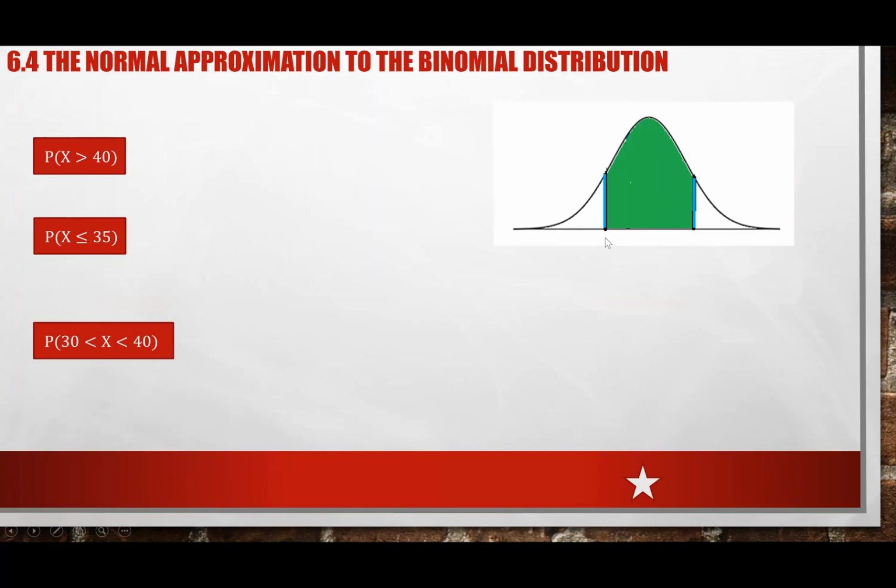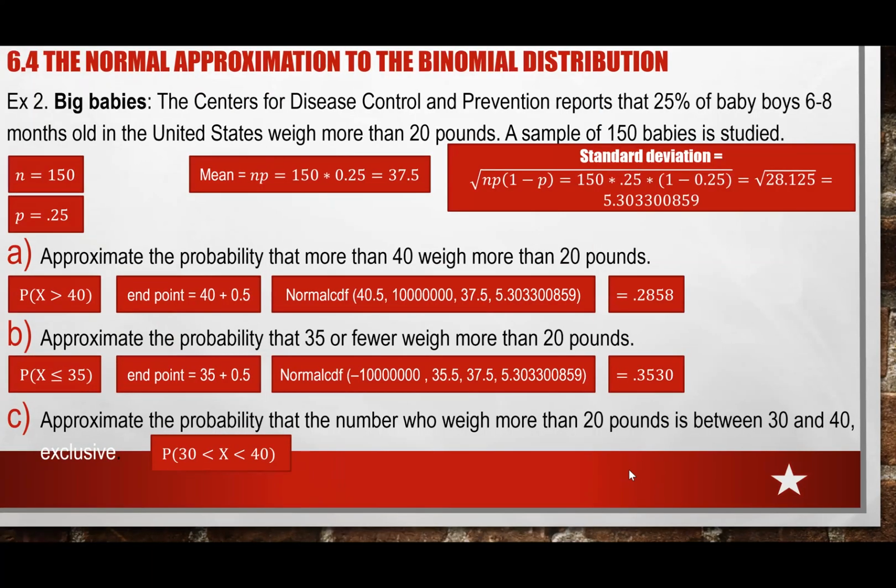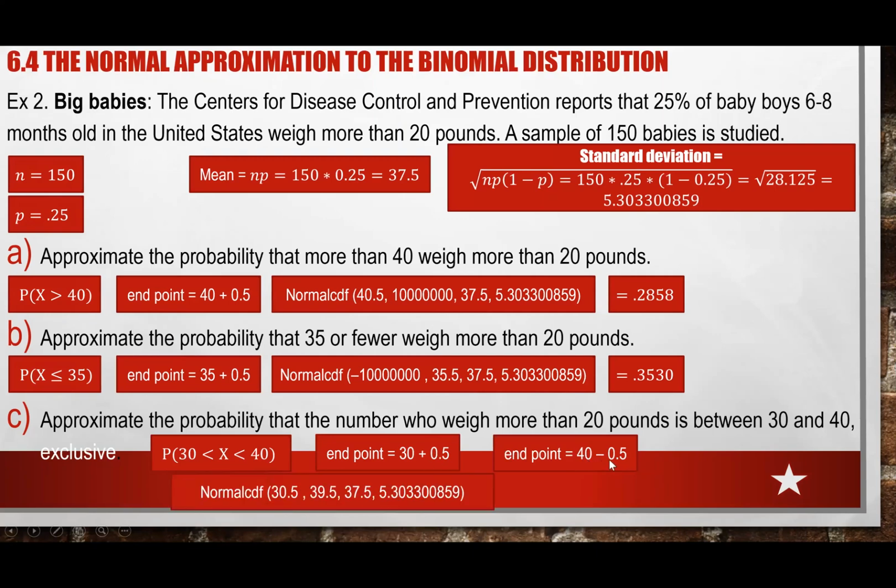Hopefully you know that from the 30 we have to go to the right, which is we add 0.5, and from the 40 we have to go to the left to make this thing smaller, which is we subtract 0.5. So at the 30 I need to add 0.5, and at the 40 I need to subtract 0.5, which is my new two endpoints will be 30.5 and 39.5.